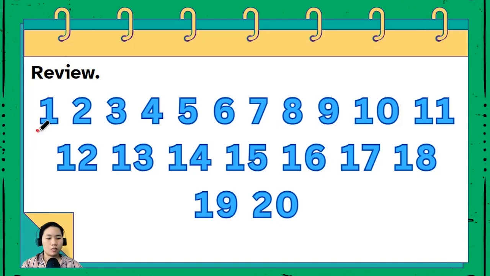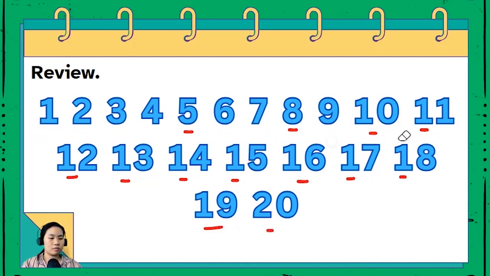Okay? 1, 2, 3, 4, 5, 6, 7, 8, 9, 10, 11, 12, 13, 14, 15, 16, 17, 18, 19, and last but not least, 20.